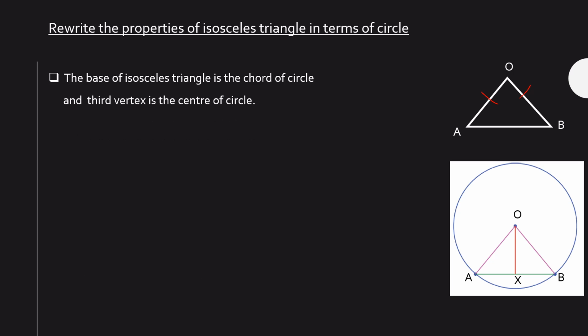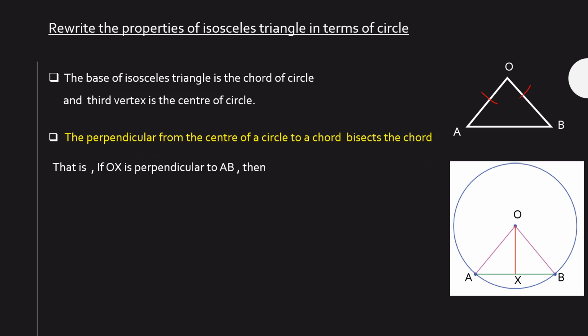Correct. Now, what about OX? Can you say anything about OX? Okay. Can you relate OX and AB? Correct. The perpendicular from the center of a circle to the chord bisects the chord. In fact, the result was like this.